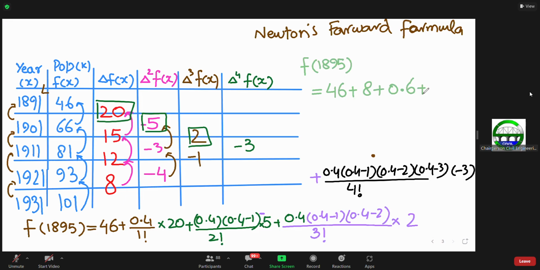divided by 3 factorial. 3 factorial is equal to 6, divided by 6, multiplied by 2. It is 0.128, yes. Anyone please, it is 0.128, right?